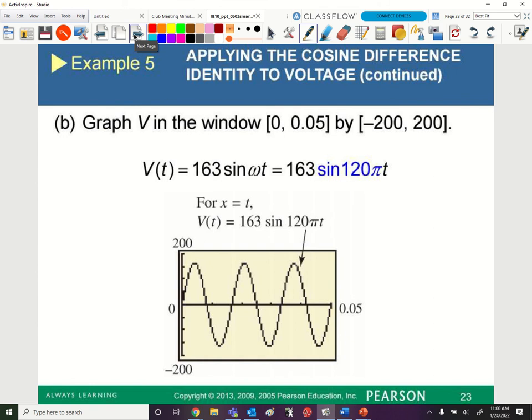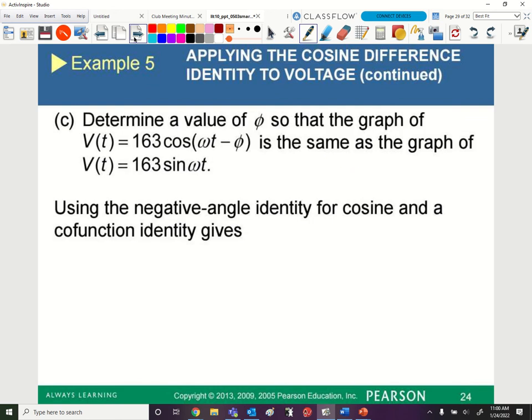And for any value of t that we're looking for here. Determine the value of theta, so that the graph of this, cosine of wt minus theta, is the same as the graph of this one here as sine.